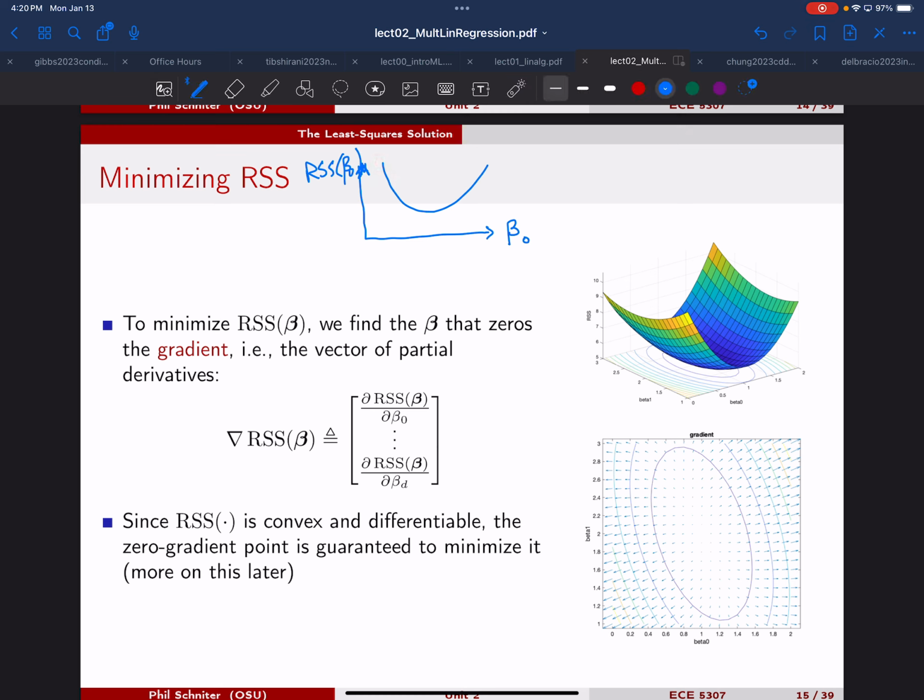From this picture, you can see that the minimizing value of beta naught would be down here. Maybe I'll call that beta naught hat. And something special happens at the value of that minimum. Besides the function going to its lowest value, can you see something else that's special that happens at that point?